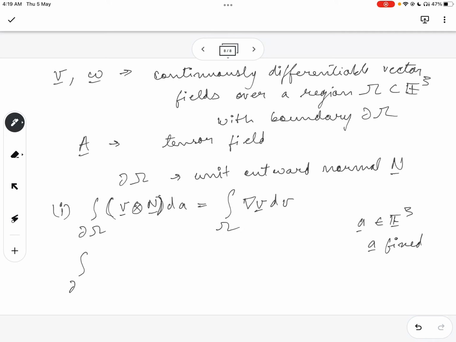So that is the integral over del omega of (v diadic n) a dA is equal to the integral of (del v) a dV.